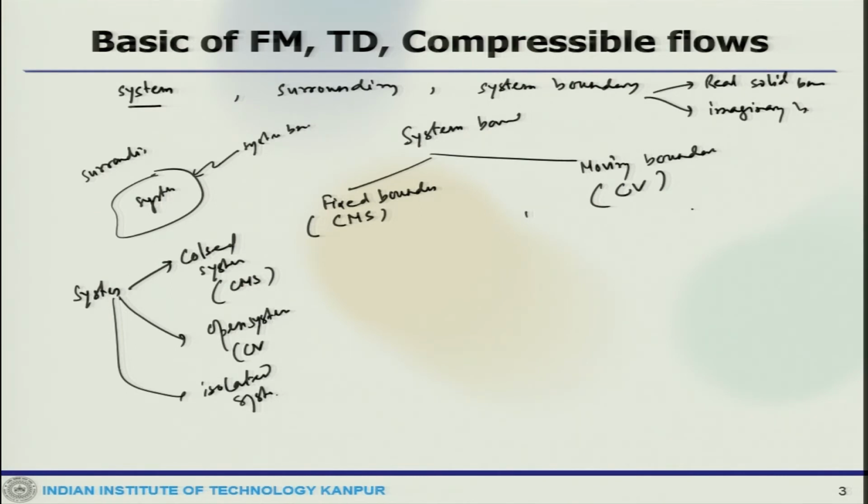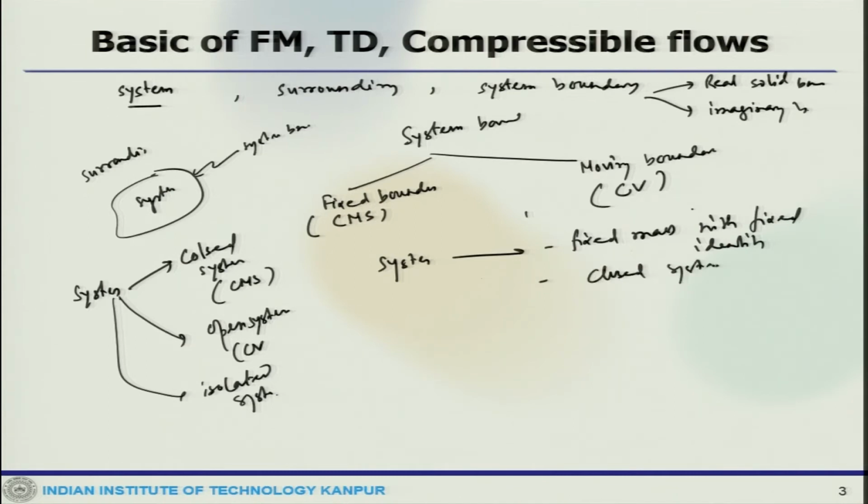So, the system has fixed mass with fixed identity. This is called the closed system.